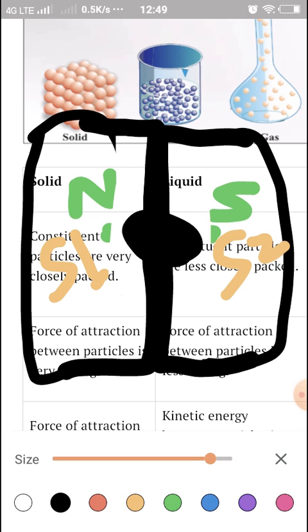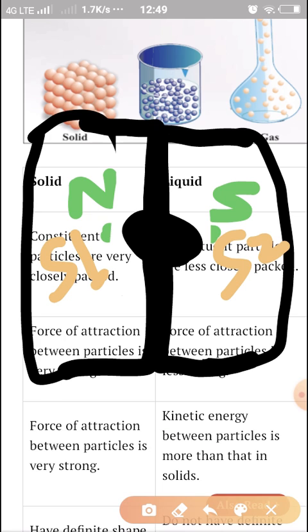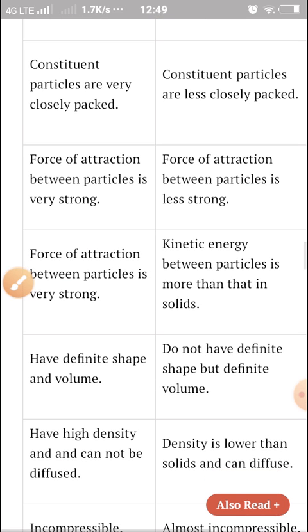So by this activity you understand that solid particles are tightly packed because they have more force of attraction. So you cannot see one component of your table moving out and freely enjoying the air, right? You can't see this.